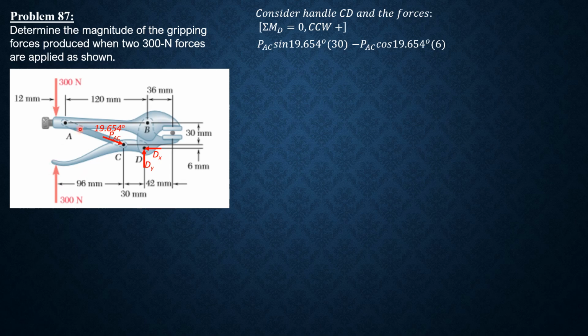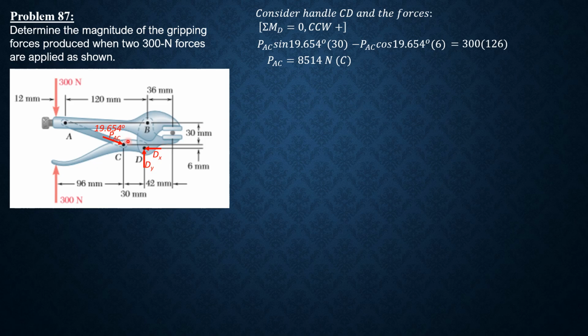Then this is also clockwise, so equals 300 times 126. 96 plus 30 is 126. So solving for PAC, if it is positive, it is correct compression. So PAC is 8514 newtons compression.